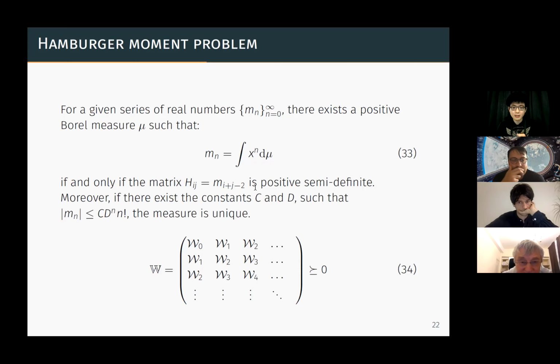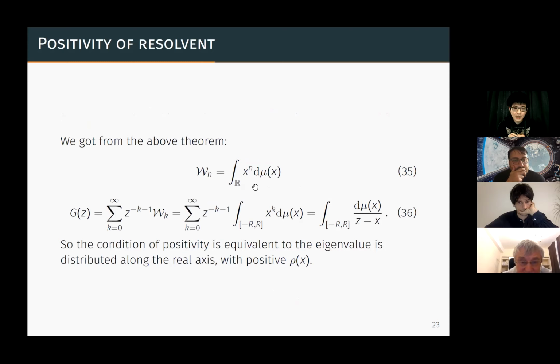So this indicates that our moments are moments of a positive measure on the real axis. And this measure is actually our eigenvalue distribution, but we don't really need it here.